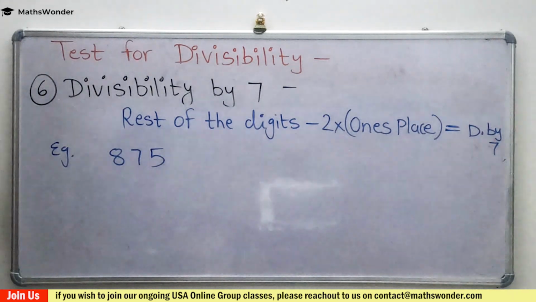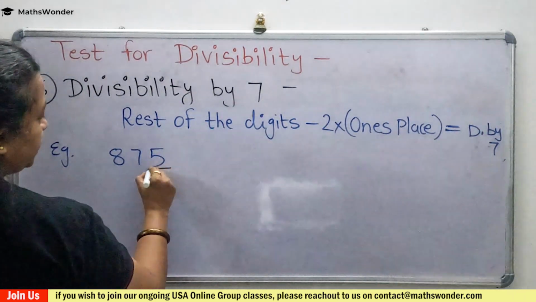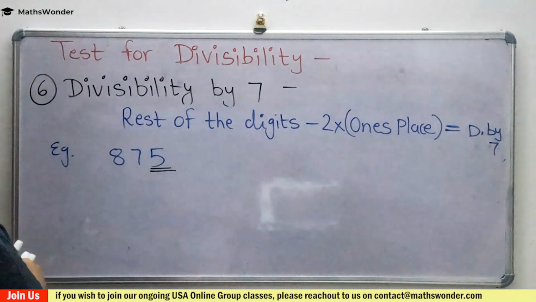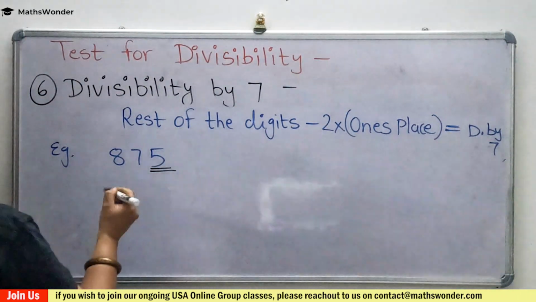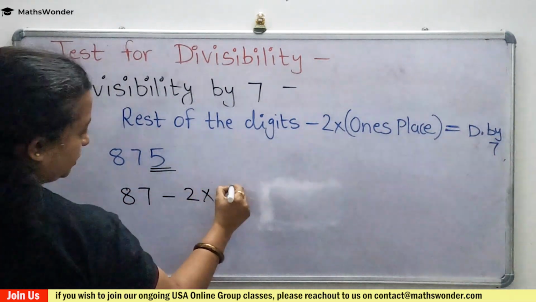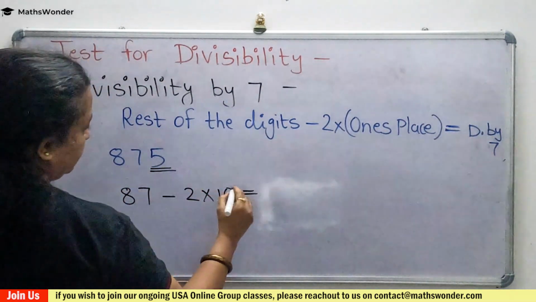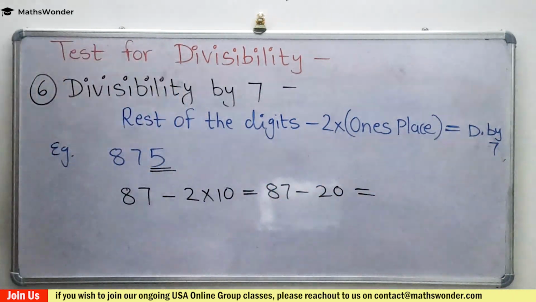The digit at the units place is 5. So the rest of the digits is 87. Write 87 minus double of the units place, which is 10.